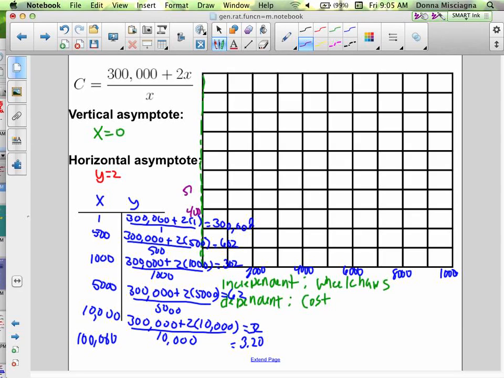And then 500, 600. Don't really need any of the other numbers. 700, 800, 900, 1,000. All right, so if we're going to make just 500 wheelchairs, we'll be right here. It's going to cost us over $600 per wheelchair, just a little bit more than 600.